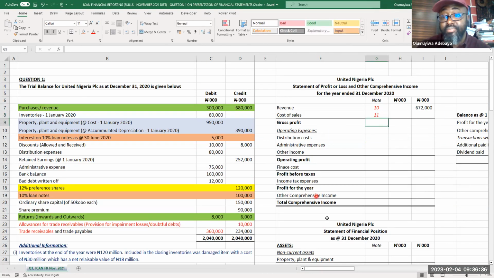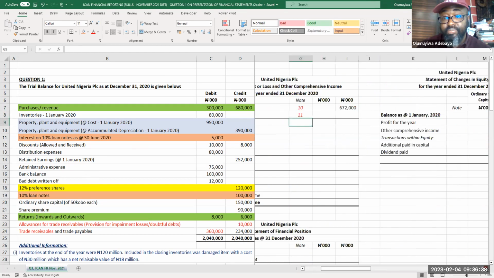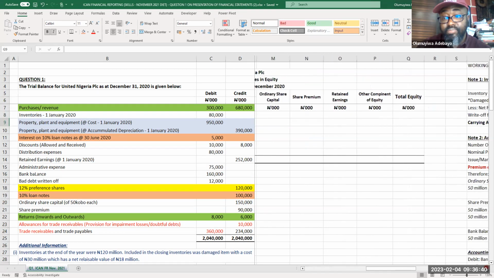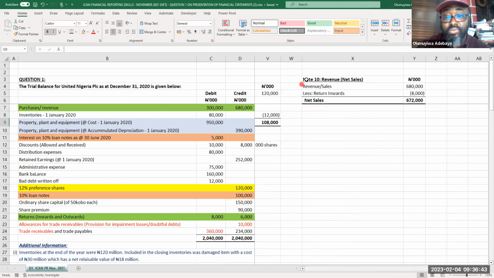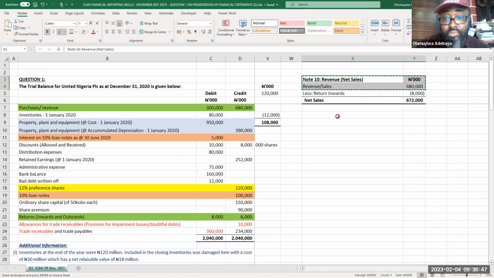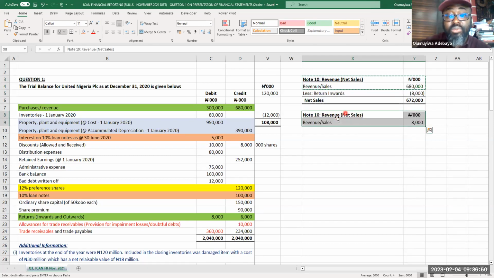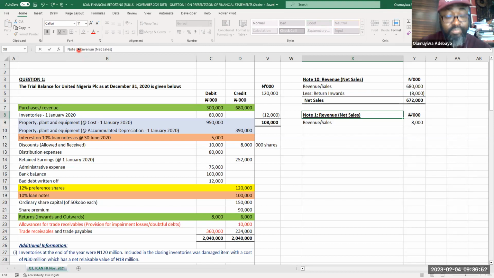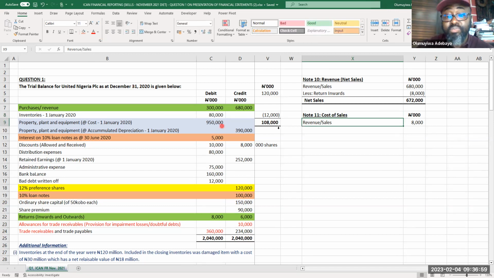Note 11. My cost of sales, or same as cost of goods sold, is my opening inventory plus what?